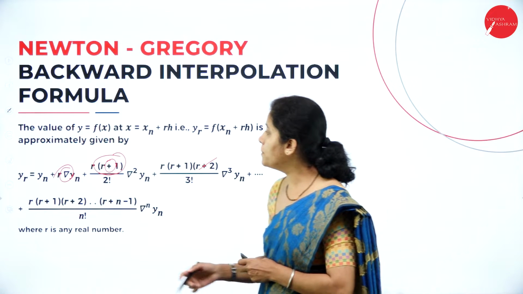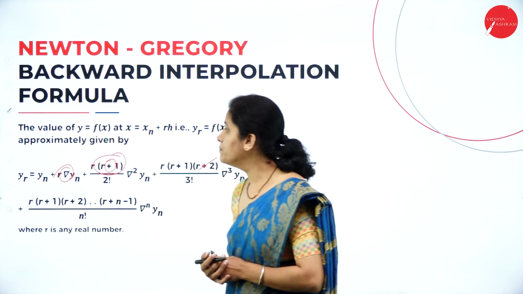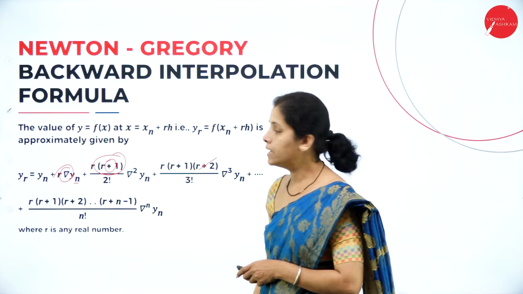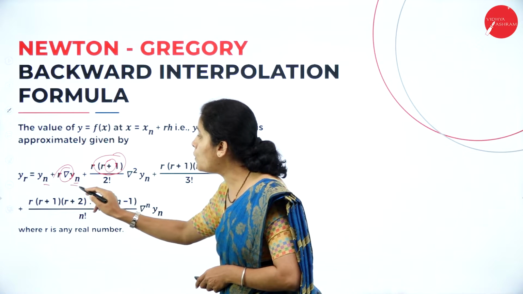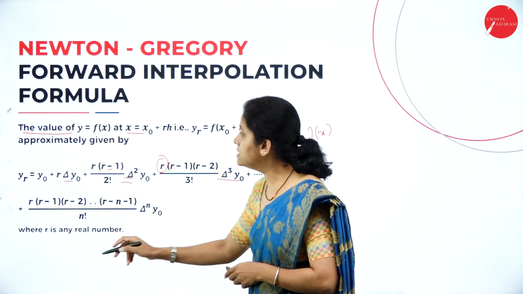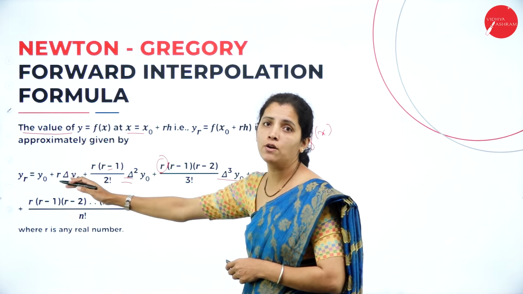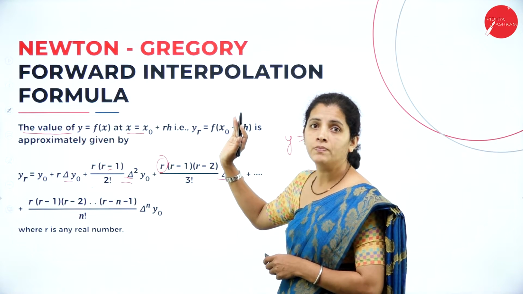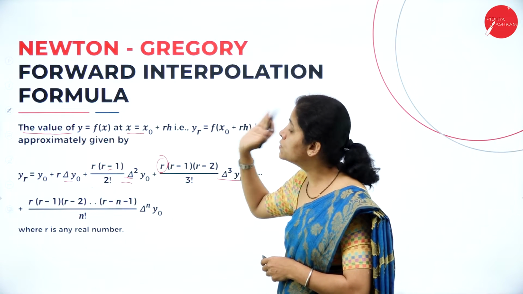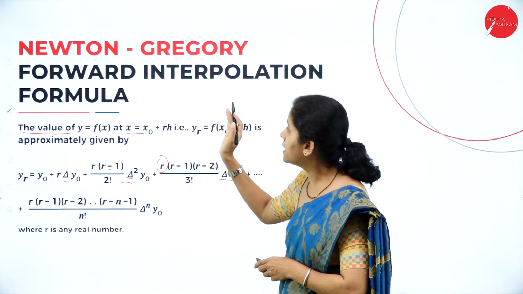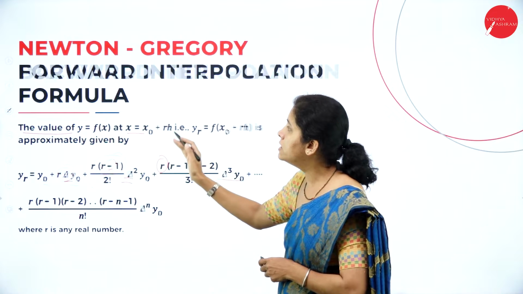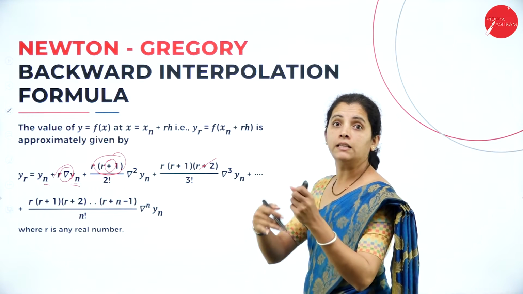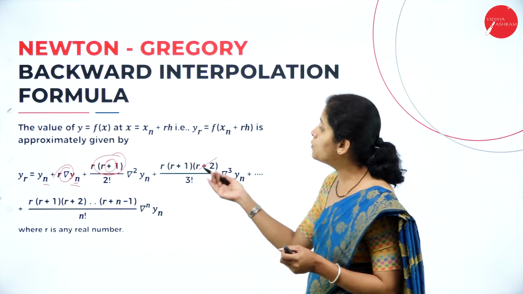So what is the formula? y n plus r delta y n. Here I'm going to consider y n, but if I consider forward, it is y naught. In the sense, I'm going to start from the beginning, so that is y naught. If I consider forward, it is y naught, and if I consider backward, that is the end, then it is y n.